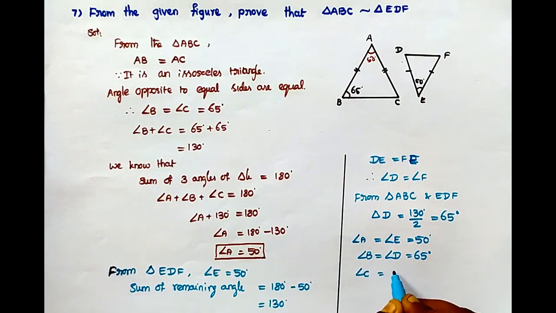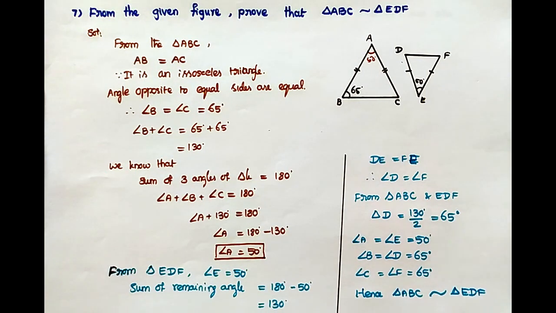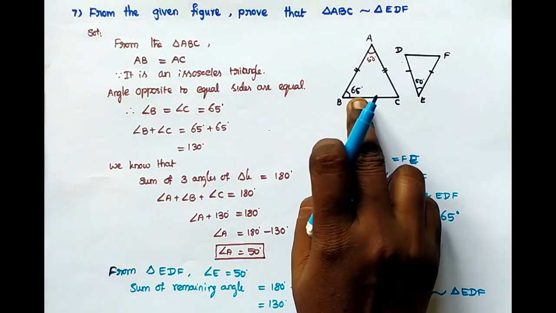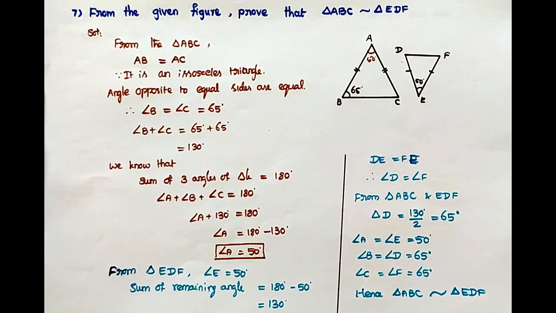Angle C equal to angle F equal to 65 degree. Hence triangle ABC is similar to triangle EDF. So that is the answer.